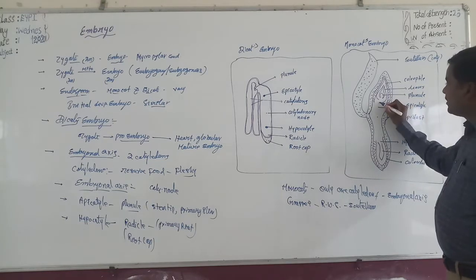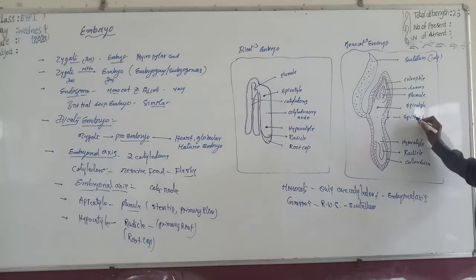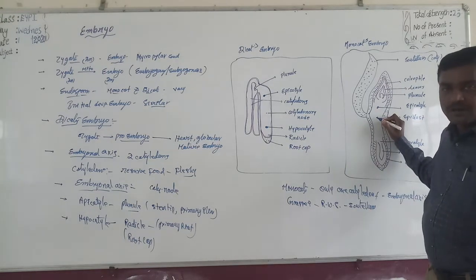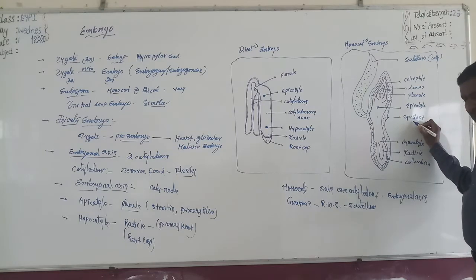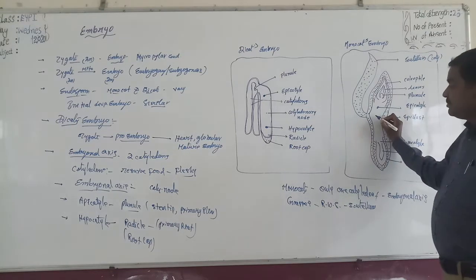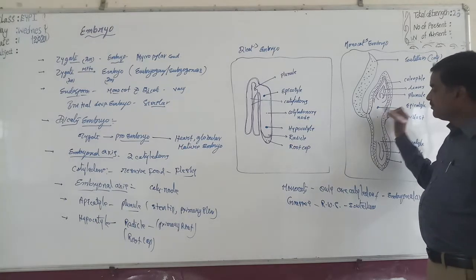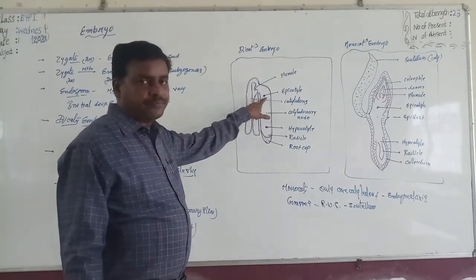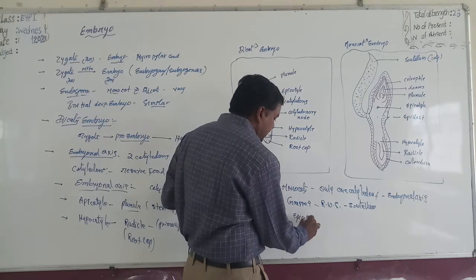Similarly, the point of the embryonal axis present above the epiblast, above the attachment of the cotyledon to the embryonal axis, is called the epicotyl, just like in dicots.